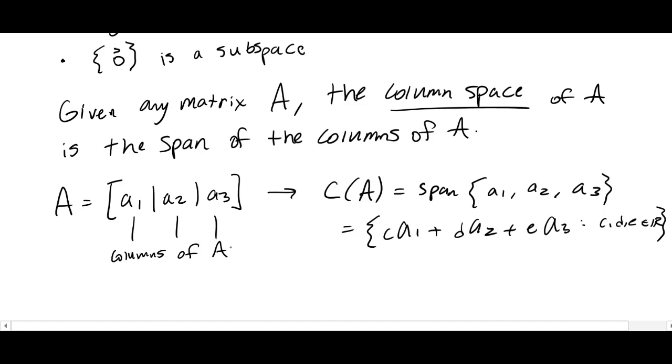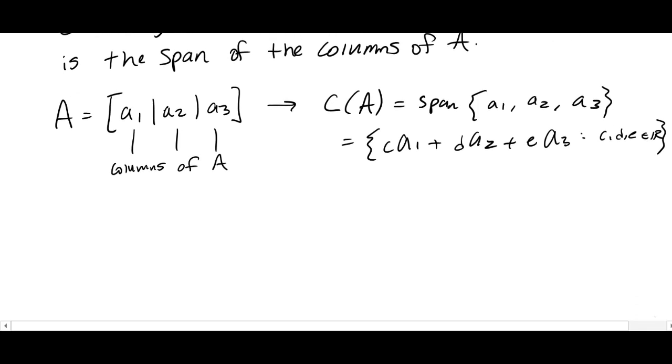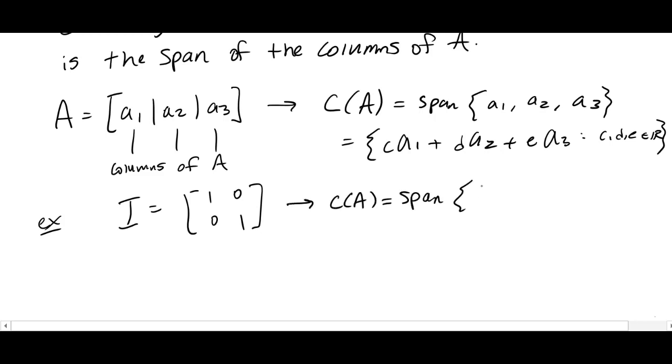So the column space of the 2 by 2 identity matrix is all of R2. In general, for the n by n identity matrix, the column space is all of Rn.